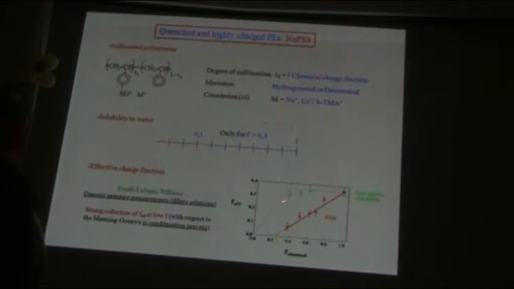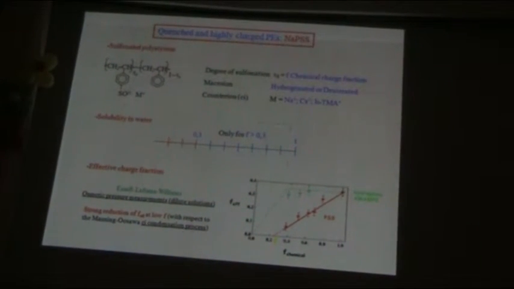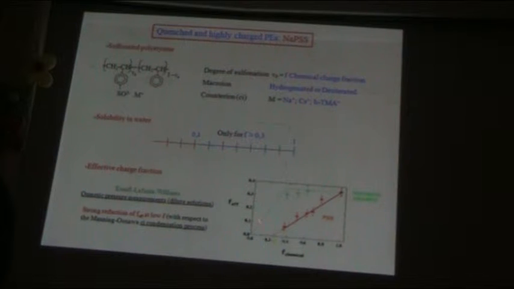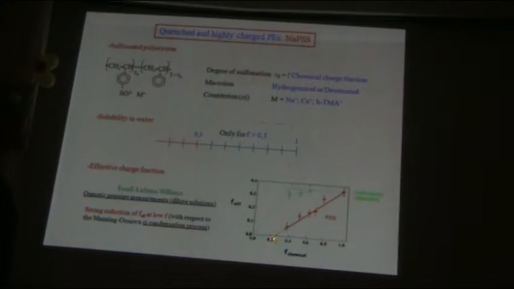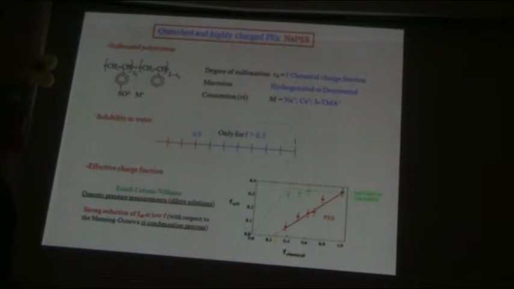If you have a purely hydrophilic polyelectrolyte, beyond the Manning-Oosawa threshold, you always have the same effective charge. But when you have a hydrophobic one, it is not the case. There is no plateau here; you have nothing until a certain point, after 30% of the degree of sulfonation or chemical charge fraction. In this case, you increase the effective charge slowly. That is an important thing.